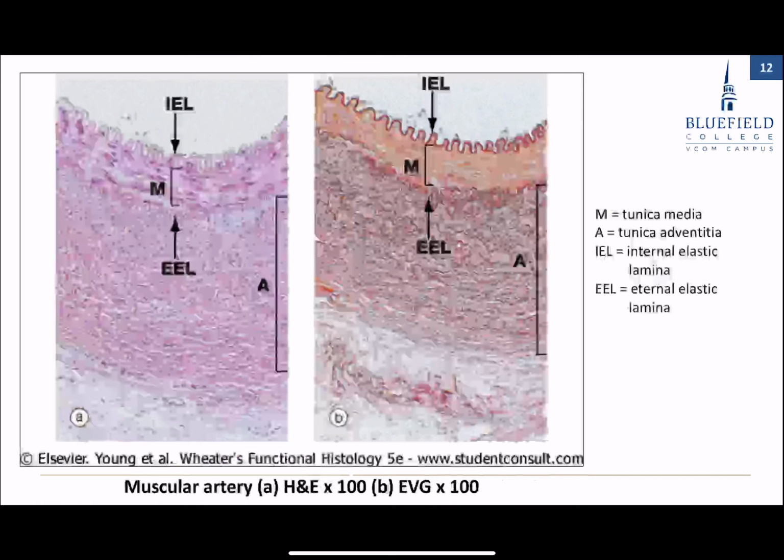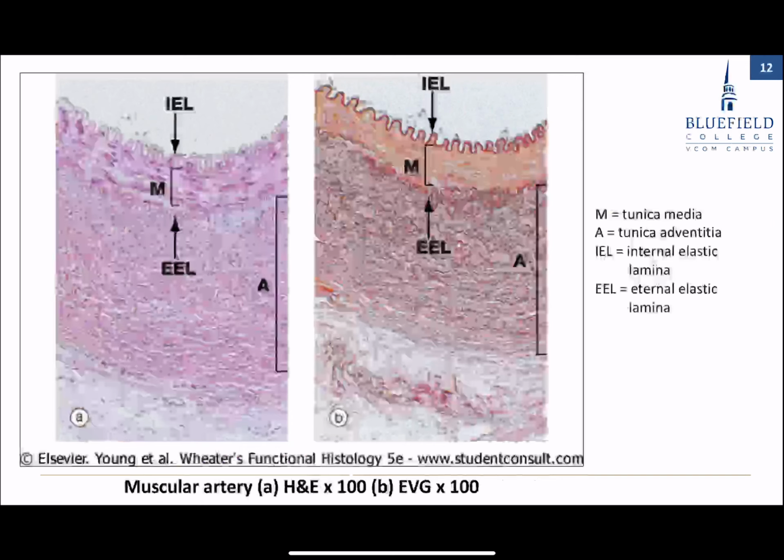And yes, it is there within the elastic arteries, but there are so many elastic fibers in there, we have trouble seeing it. If we went to higher power in this image right here, we would at least be able to make out that internal elastic lamina.